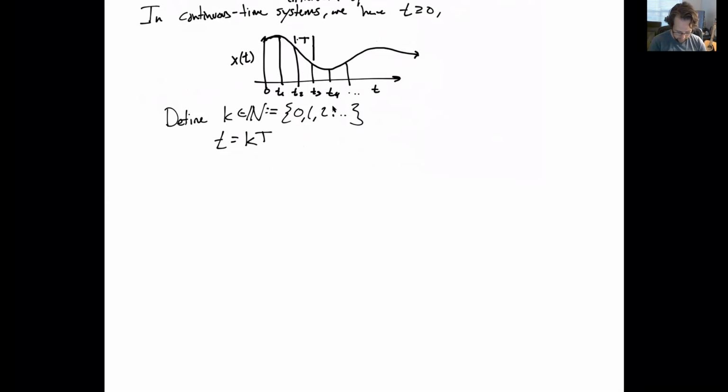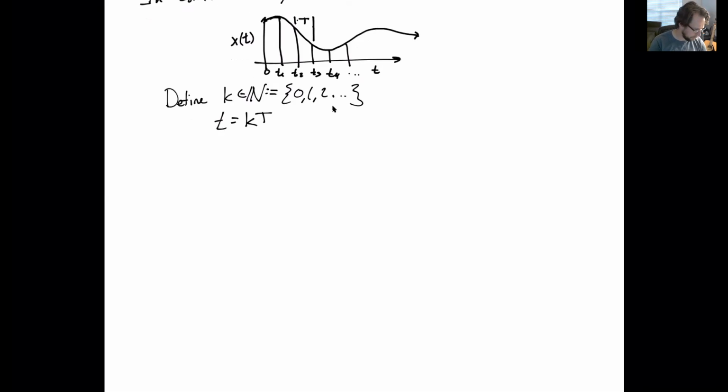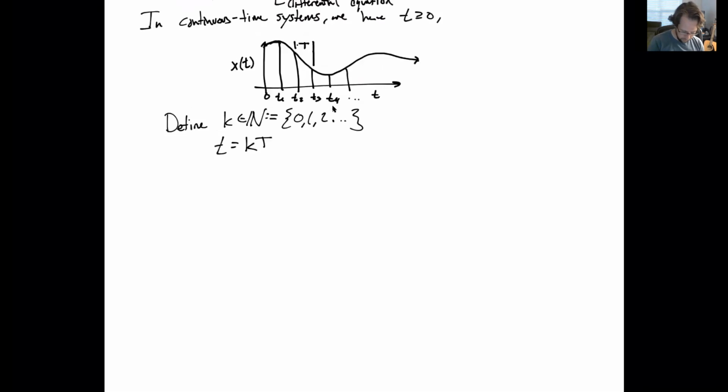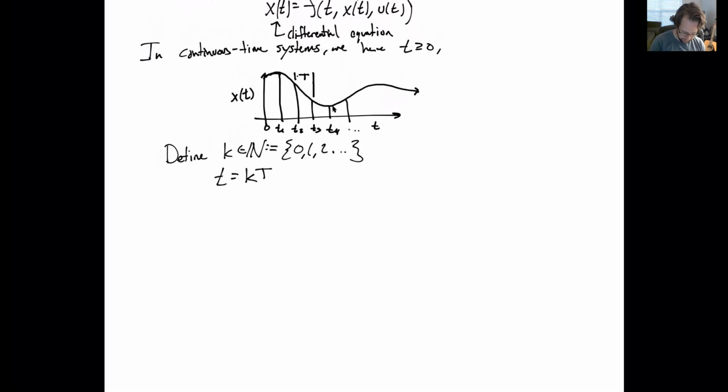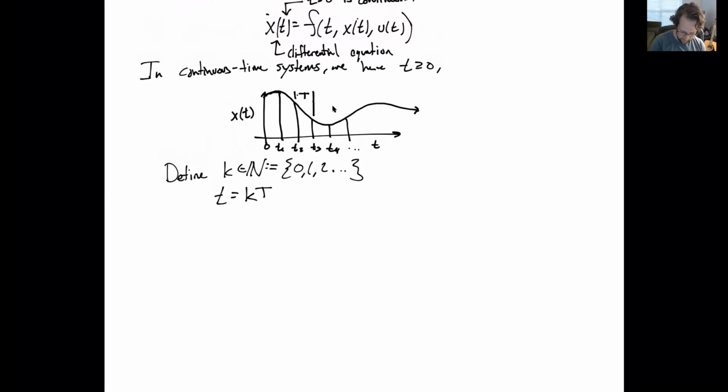Now we can consider each value of k to be a representative of that continuous variable t. And that breaks up the solution into isolated points instead of a continuum of points.